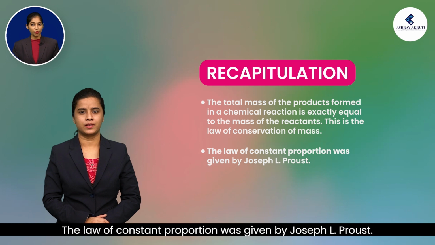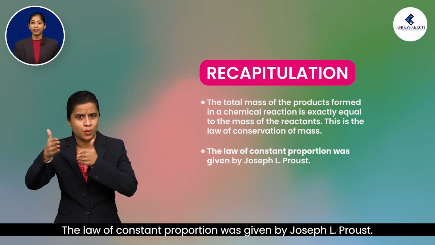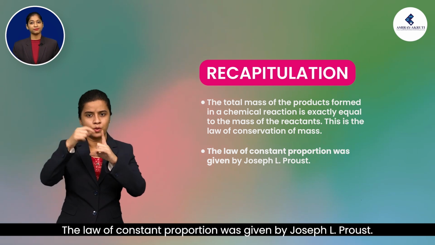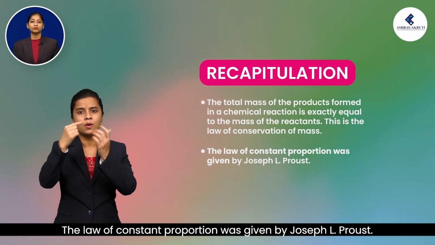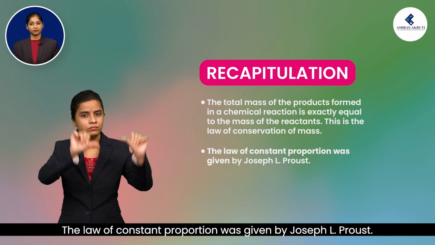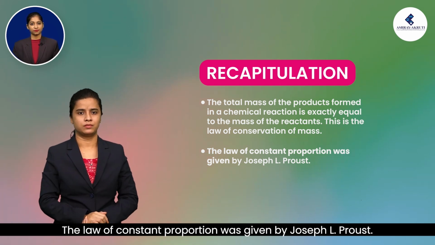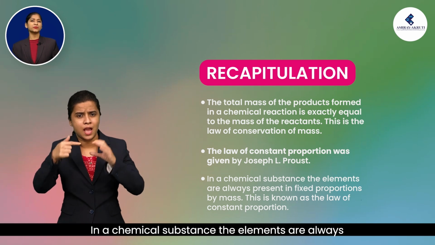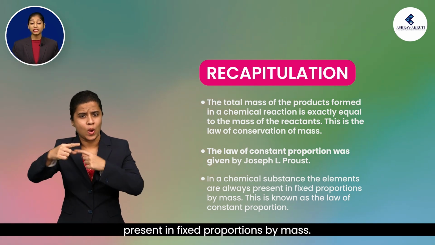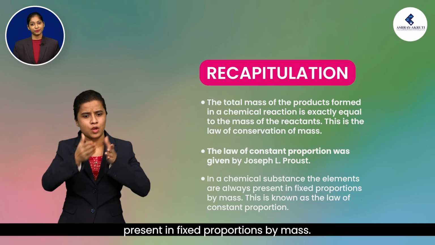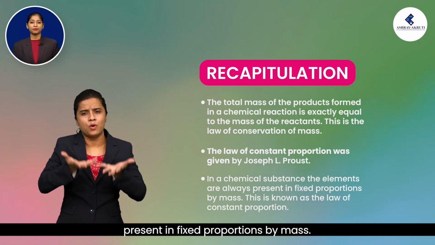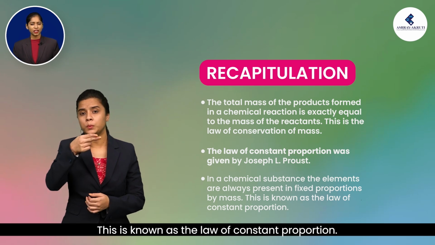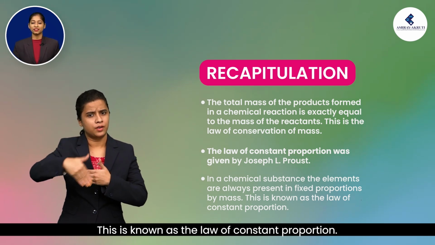The law of constant proportion was given by Joseph L. Proust. In a chemical substance, the elements are always present in fixed proportions by mass. This is known as the law of constant proportion.